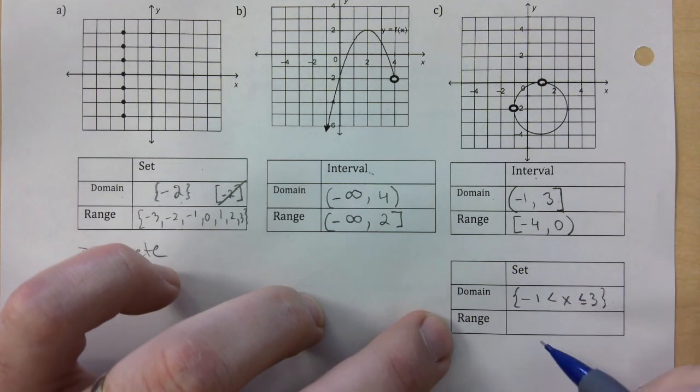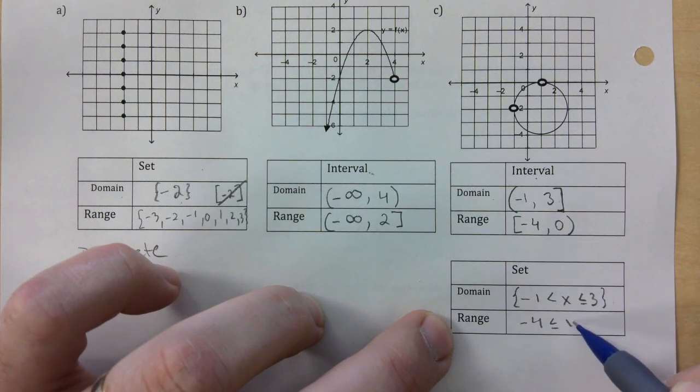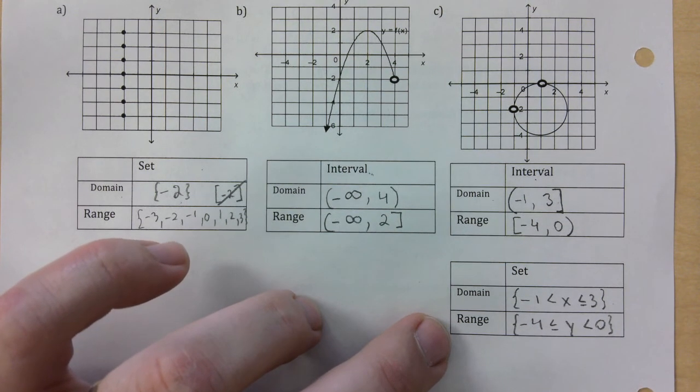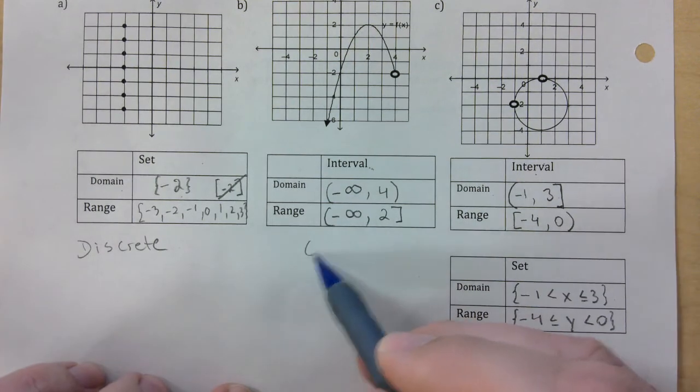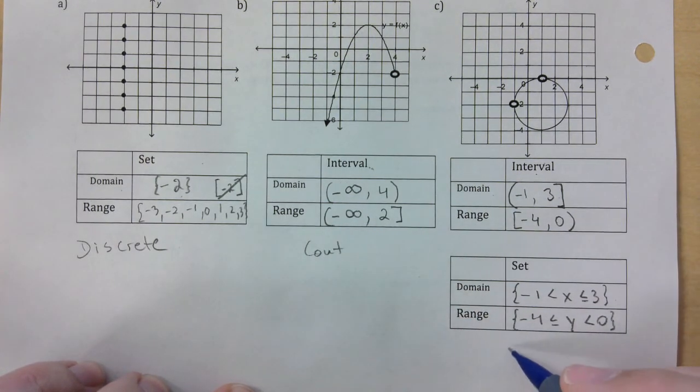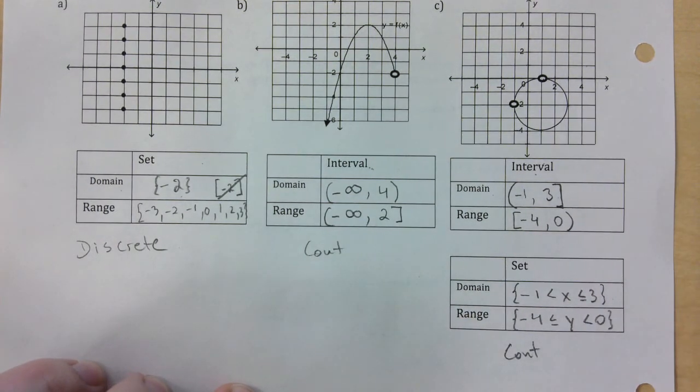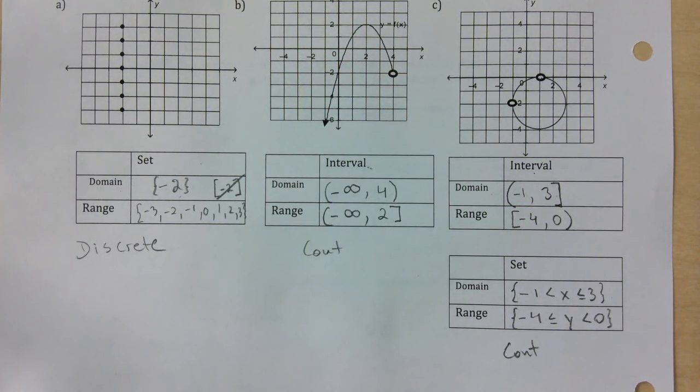And then for the range, it's negative 4 less than or equal to y less than 0. And we know that this is continuous and this is continuous as well. Just make a note of that.